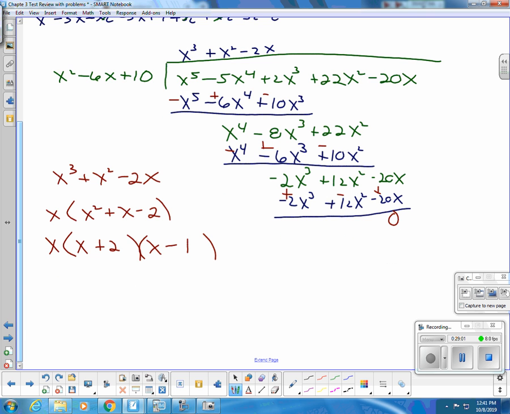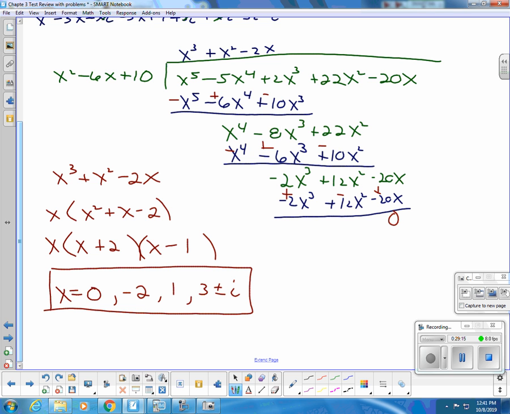All right, so when we set these equal to 0, I get the zeros 0, -2, 1, and then do not forget your 3 plus or minus i. You should have 5 answers because we have a 5th degree. Make sense?